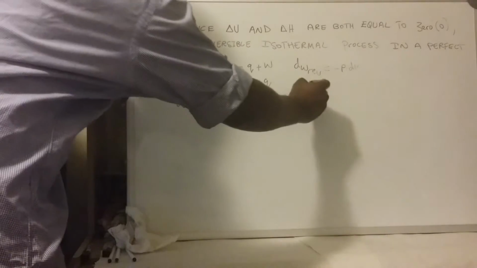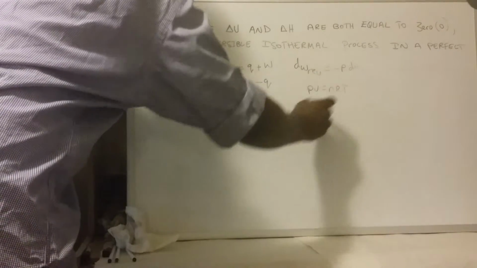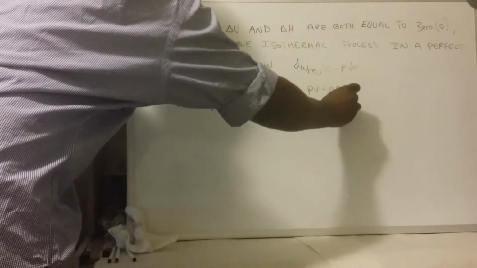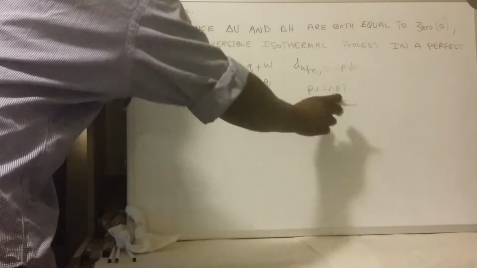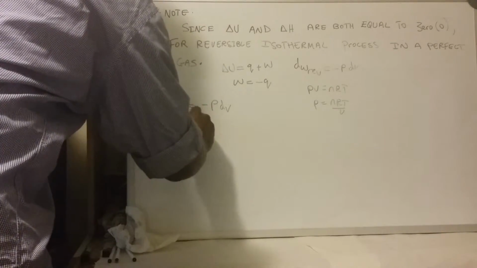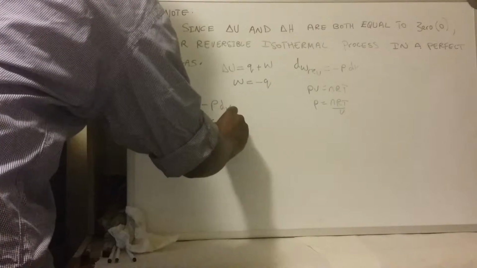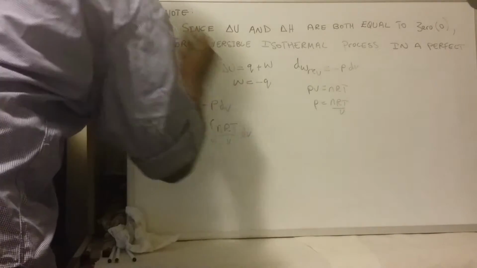So we can write PV equals nRT. Now P is equal to nRT over V. So we can replace P with nRT over V. So we have W equals minus nRT over V dV.